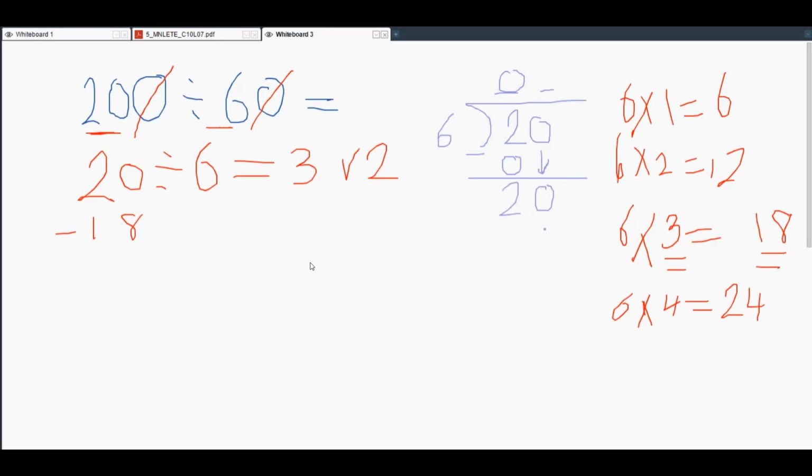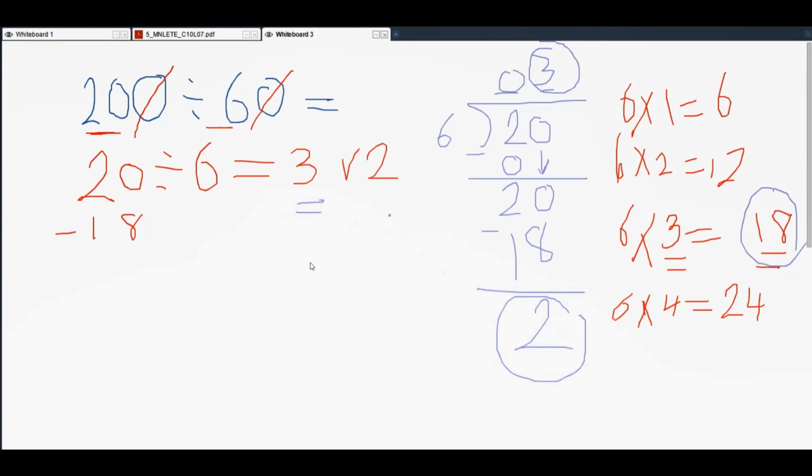It will be 20. 20 divided by 6, the closest number is 18. So we write up 3 and 18 down, subtract, it will be 2. Okay, now we have here 2 remainder and 3 whole number.